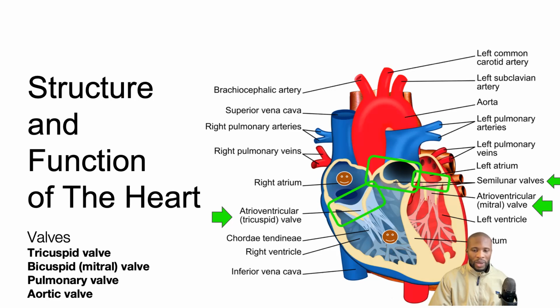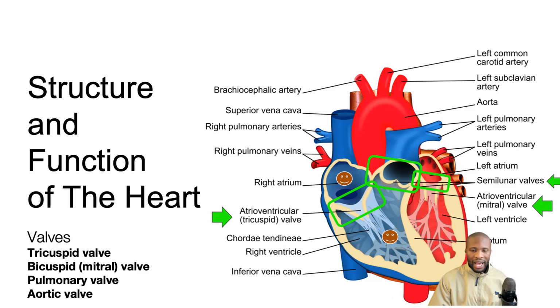And then what happens when the blood wants to leave and go to the next area? So from the ventricle going out to the aorta or pulmonary artery, in order to do that, you're going to need the next set of doors to open. So the blood goes into the ventricles, and then the next set of doors open, and the blood can go out.